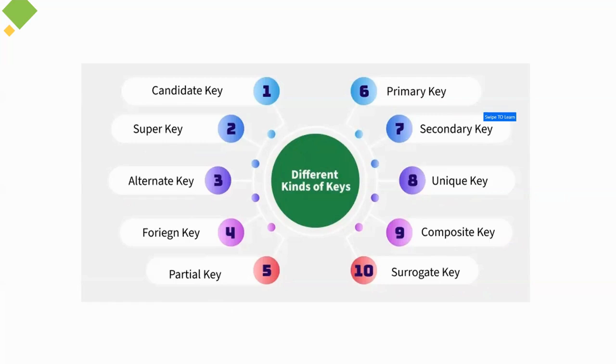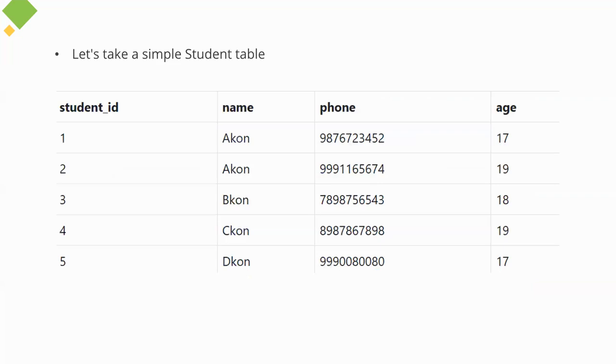We'll discuss all these 10 types of keys in detail. You need to know what the key is really used for, and if you go with the table, you need to point out which type of key is which. Let's see each of them in detail.